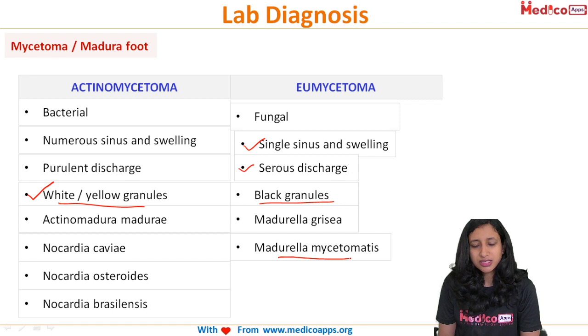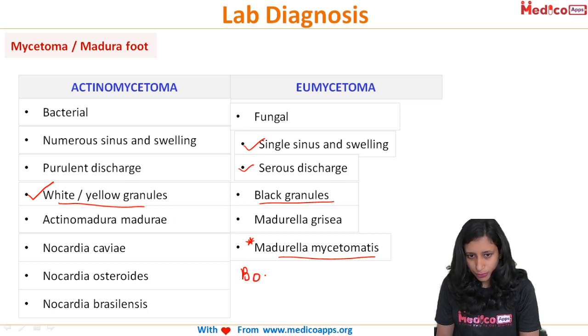So Madurella mycetomatis is one of the most important ones to remember in this particular category. Now there is another one which looks extremely similar to mycetoma, which is also known as Botryomycosis.